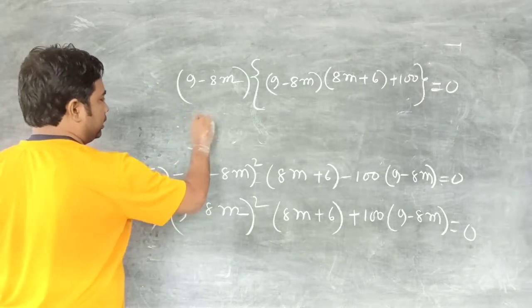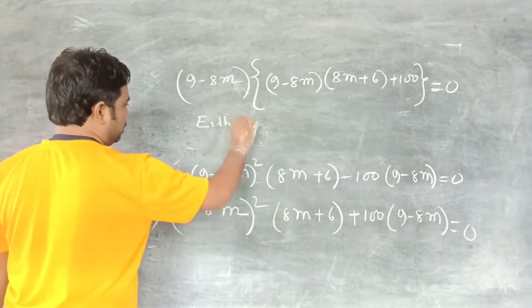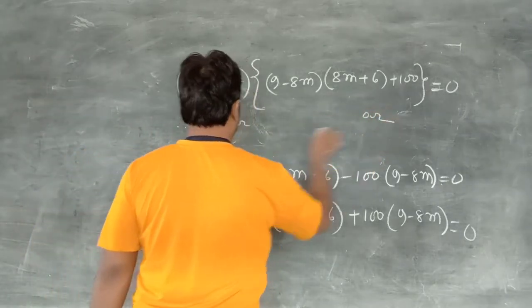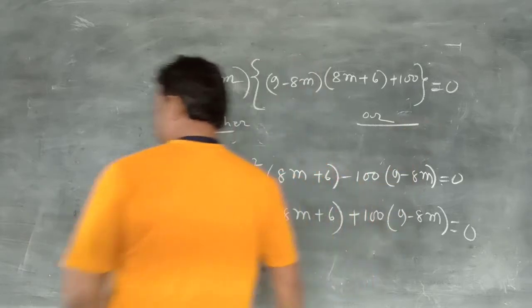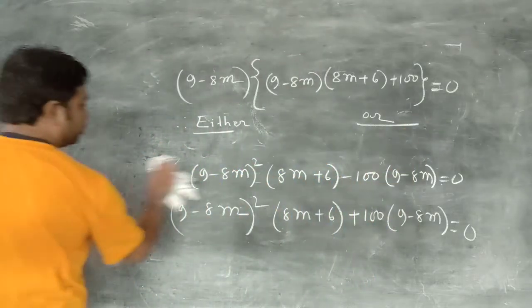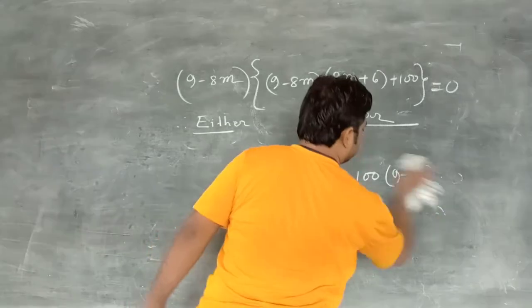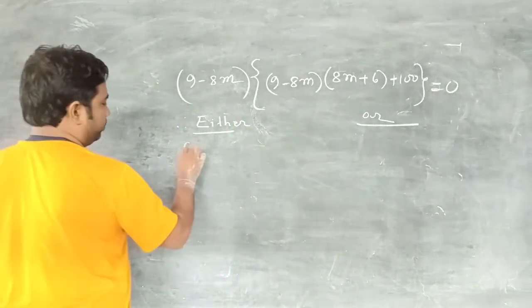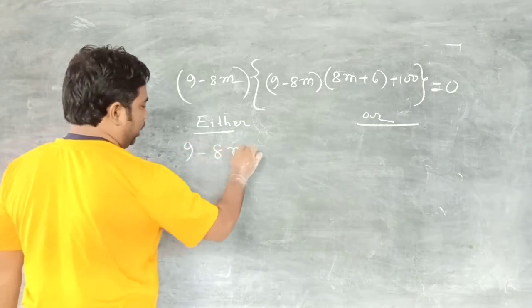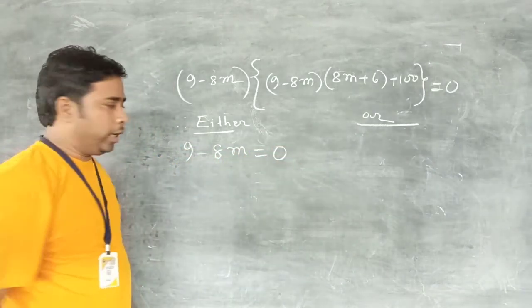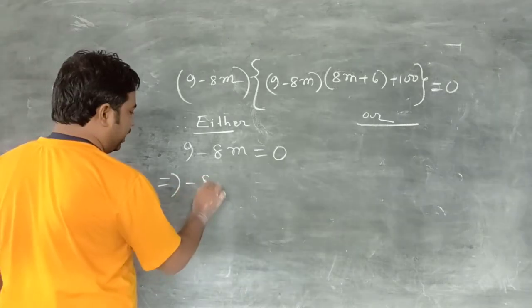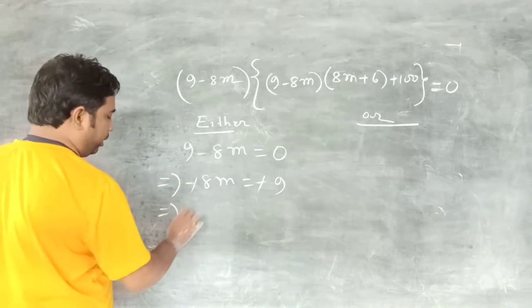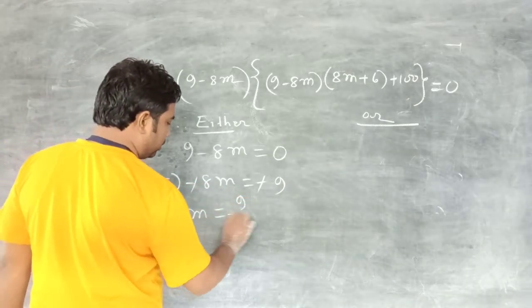So either 9 minus 8m equal to 0. Okay, so this is 8m equal to 9, so m equal to 9 by 8.